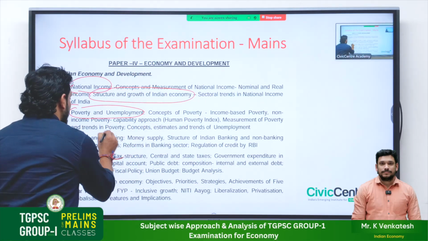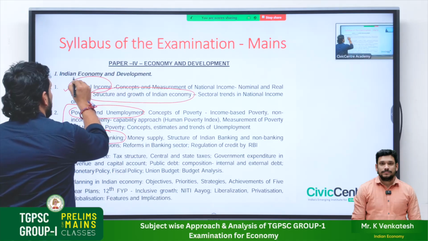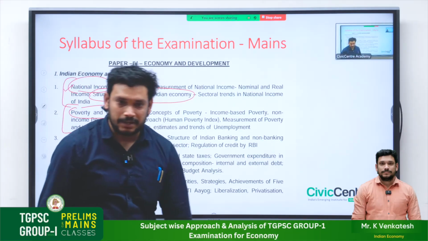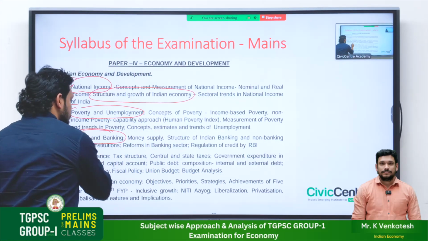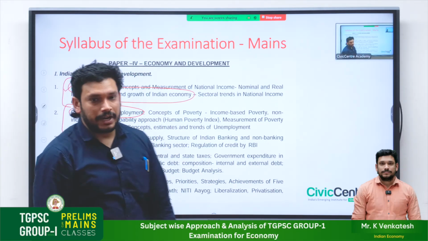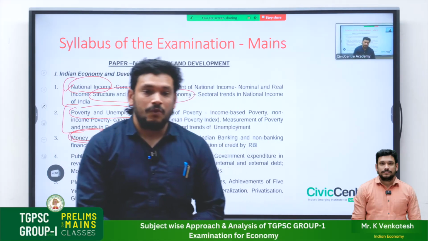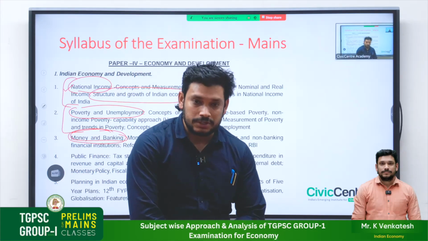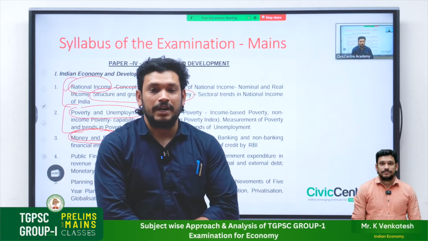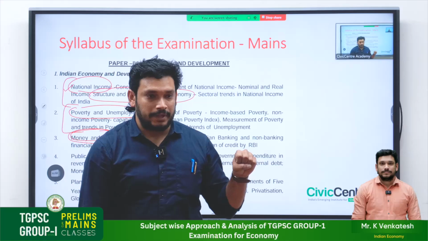Now, money and banking. This is again a core concept, along with national income. In money and banking, we will be looking at what is the monetary policy statement, and what are the different types of monetary policy tools that RBI uses in order to control the liquidity in the Indian economy.